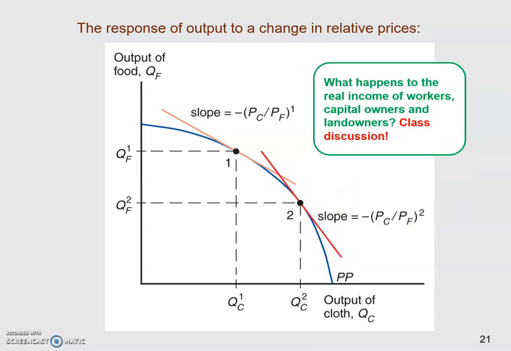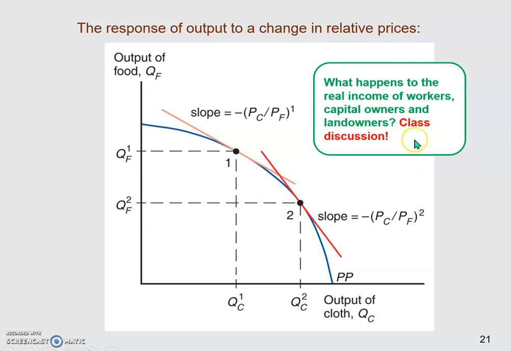The real income of workers, capital owners, and land owners. For the previous case, when both prices are rising proportionally, we said that there was no change at all. The real income of these three groups of people stays the same.